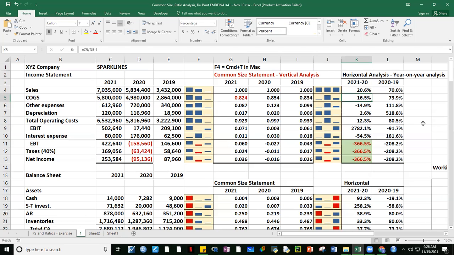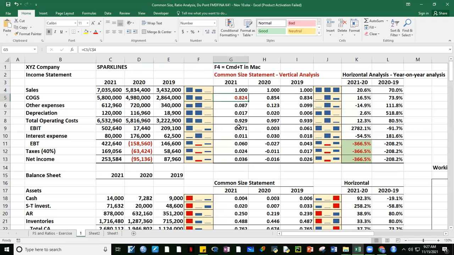And then we benchmark this against how the direct competitor performed relative to the industry, relative to our performance. So we don't look at ratios in isolation. We take a look at it and try to make sense out of it by looking at the bigger picture. We don't only look at the cost of goods sold in isolation.